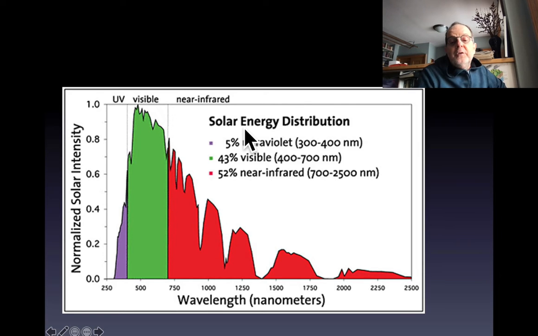Here comes your solar energy distribution. How much of each type of energy is leaving the sun and approaching the earth? Smallest amount is in the ultraviolet range. Visible has the most intensity, and then our infrared from near to far, right? So there's a range.